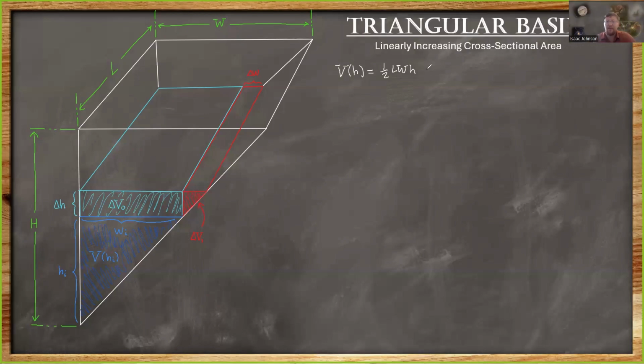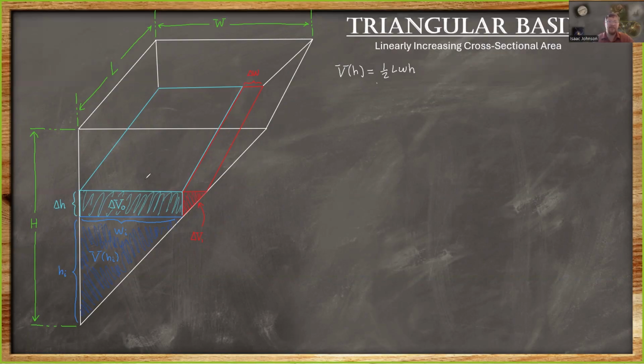Where height is the only variable, right? Or wait, is height the only variable? Width is also a variable. Yeah, width is a variable now too, so I'm going to write it with lowercase. This is true for any height and width.